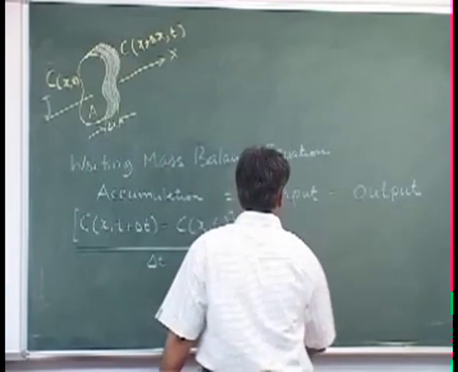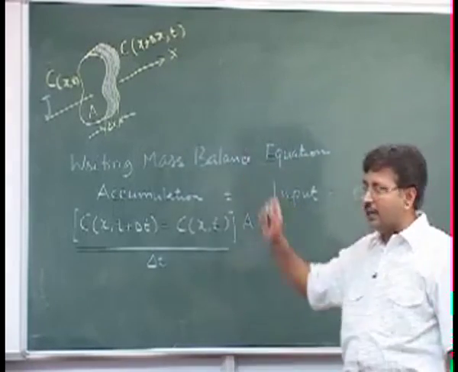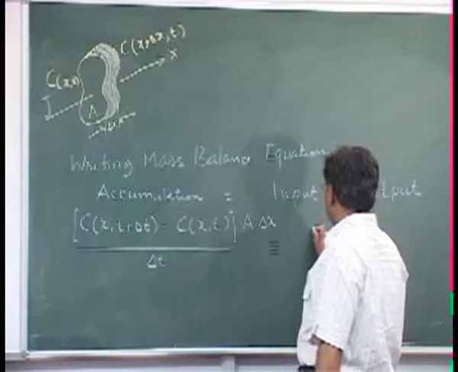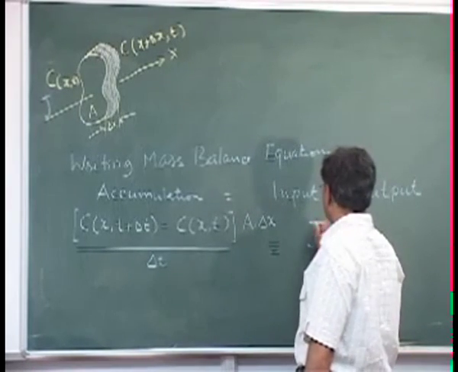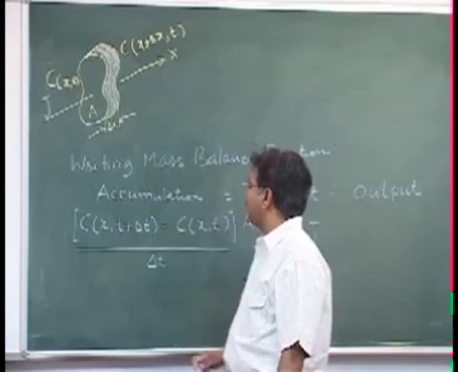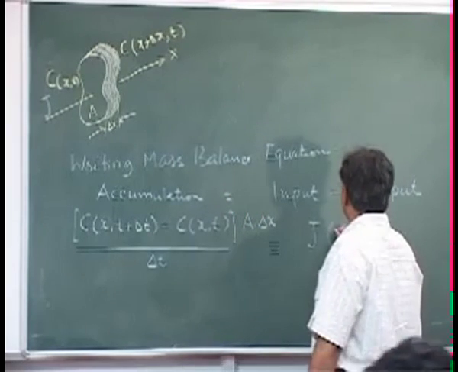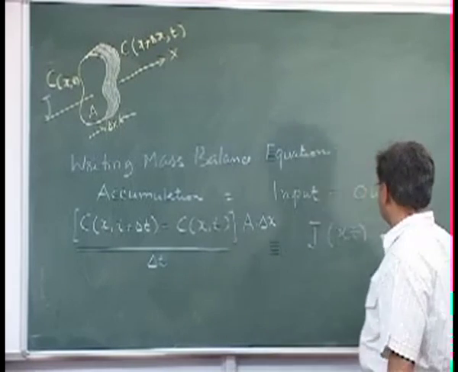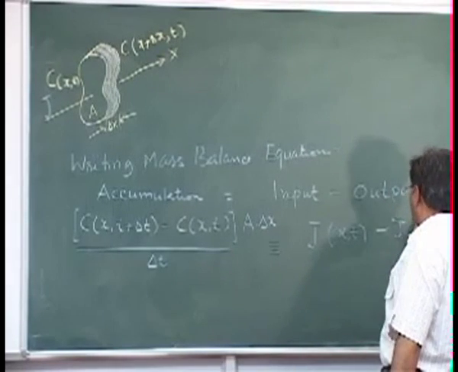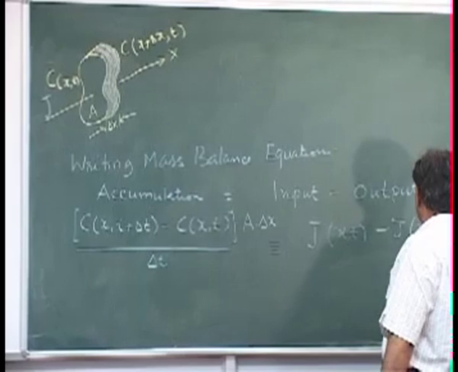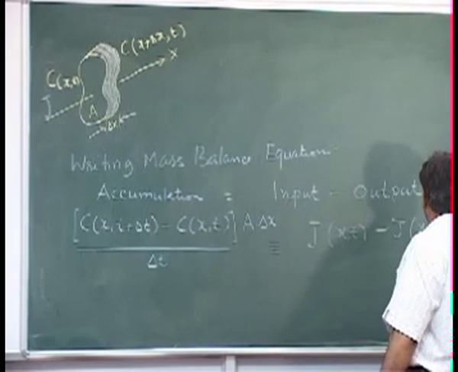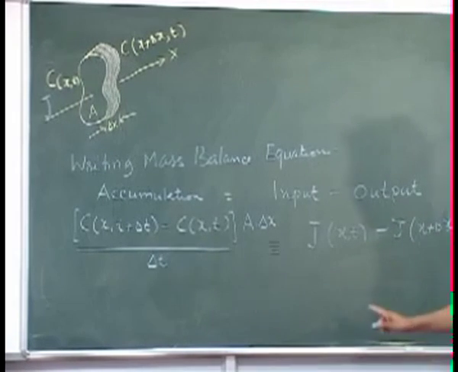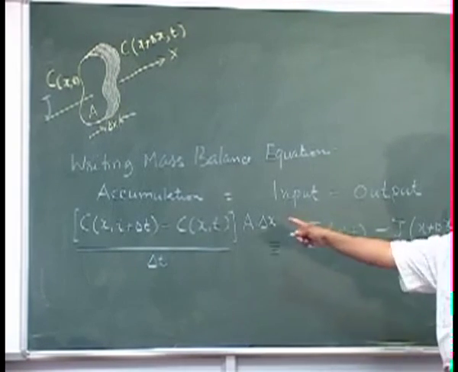This must be equal to, I can take advantage of J now: J at x, t, and minus J at x plus delta x. What do I multiply here to get the same units as this one?